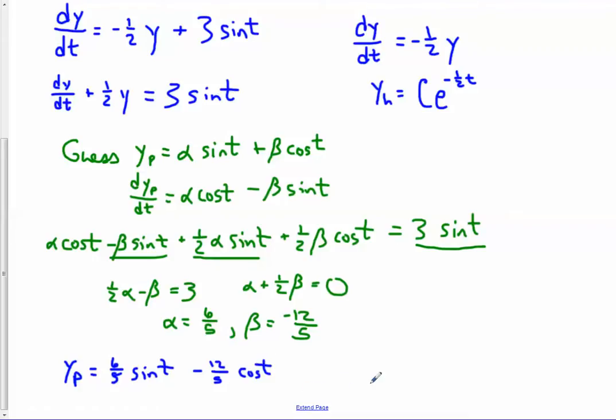Which means then that my overall general solution is that plus my homogeneous solution. That's the one that has the c in it. That's the term that allows me to solve for any initial condition. There's the general solution.